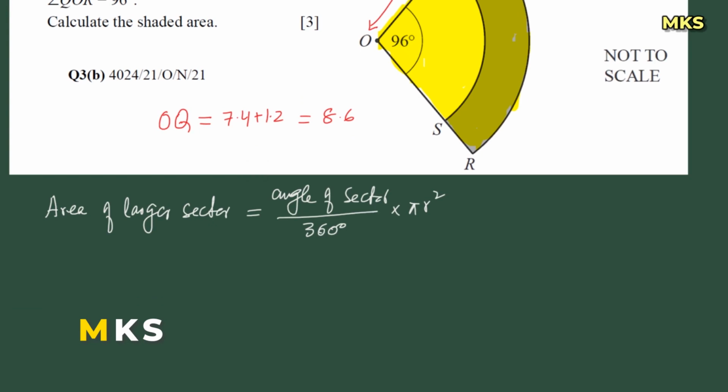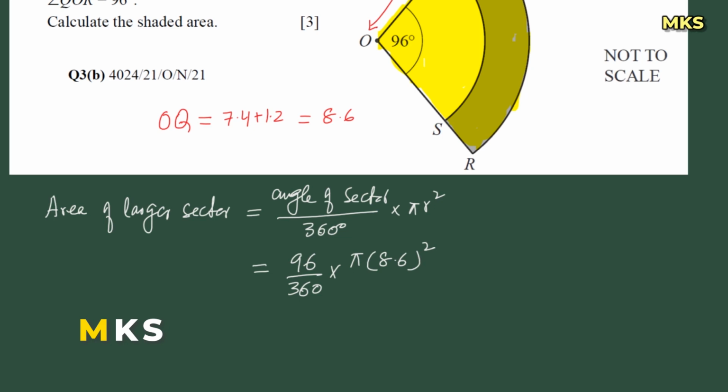So the area of the larger sector will be 96 over 360 multiplied by pi, and r square is 8.6 square. So we will be using the calculator here. That gives us 96 multiplied by the value of pi from the calculator, then multiplied by 8.6 square, then divided by 360.